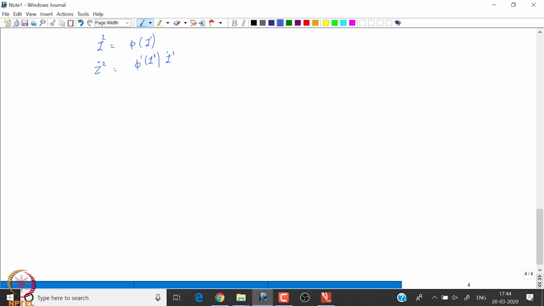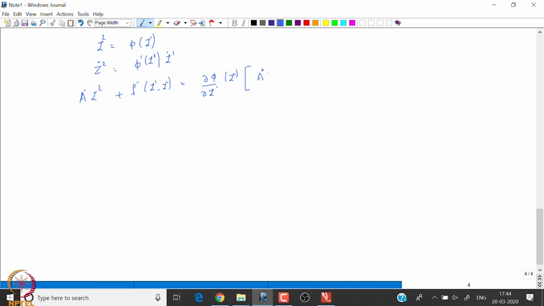Okay, so what is my Z2 dot? If I just substitute here, I have A minus with Z2 plus F minus Z1 Z2 is d phi by d Z1 times Z1 dot. What is Z1 dot?